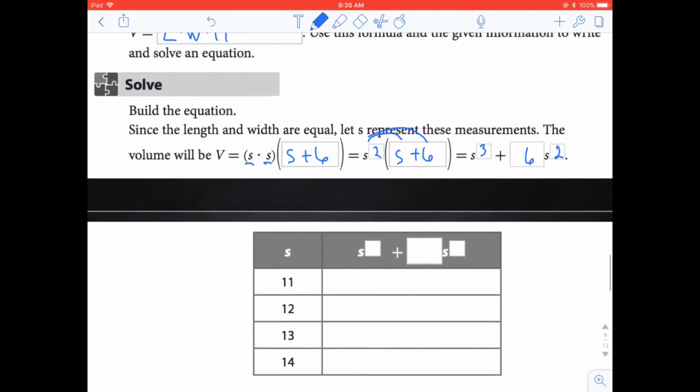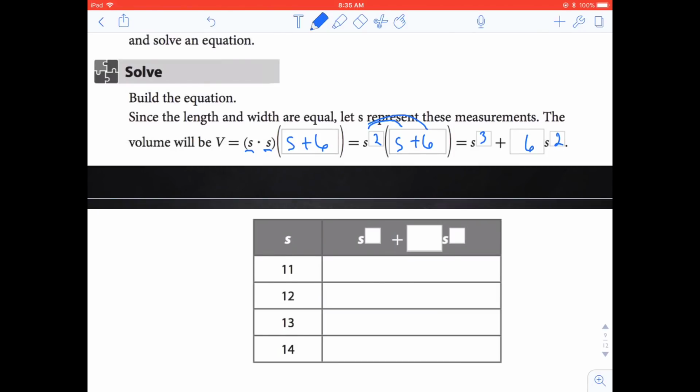Okay, so that gives us an equation for the volume, and now we're going to do a little guess and check with that. So we have S cubed and we have 6S squared there. A little guess and check to find a volume that is around our needed 3,500 inches cubed.